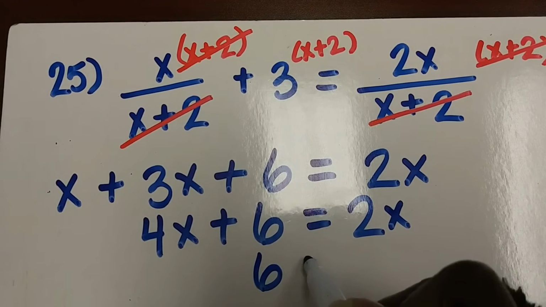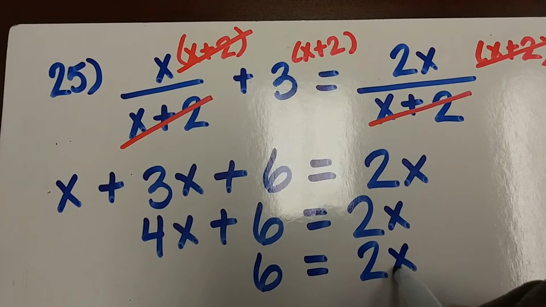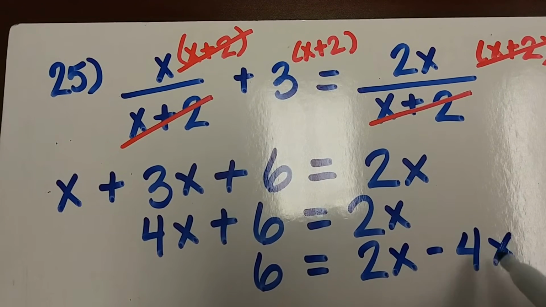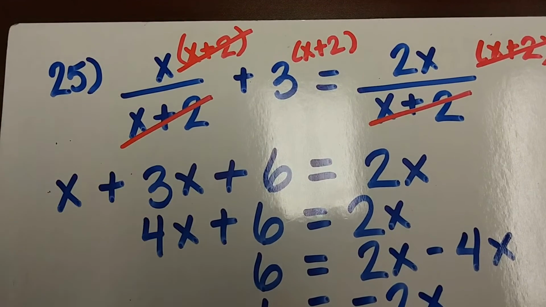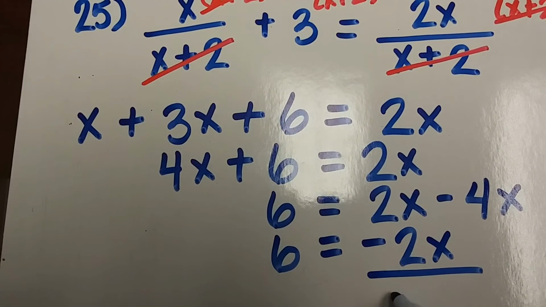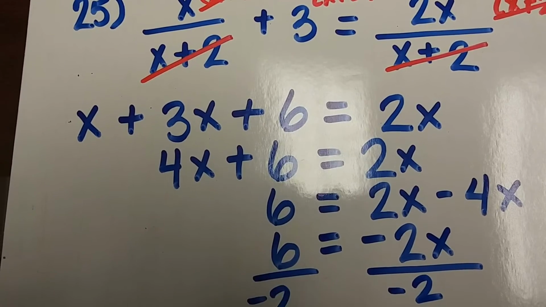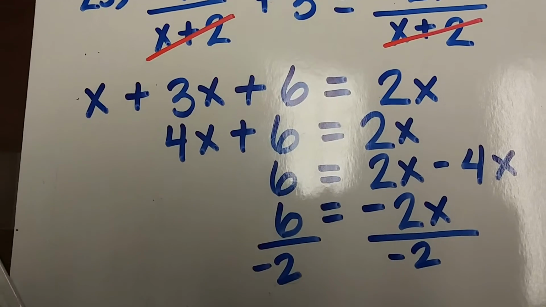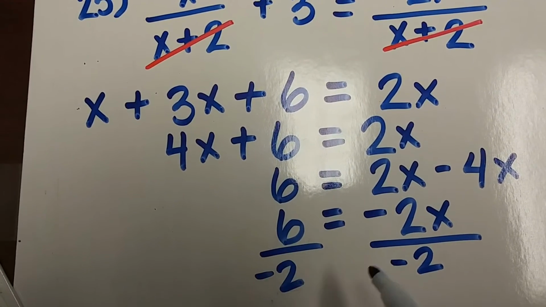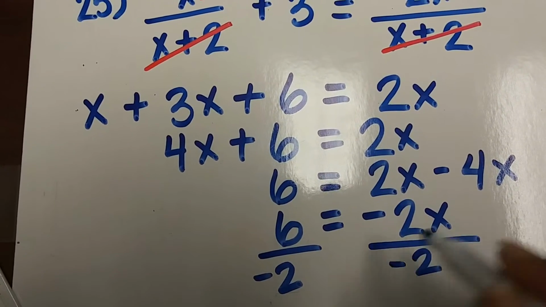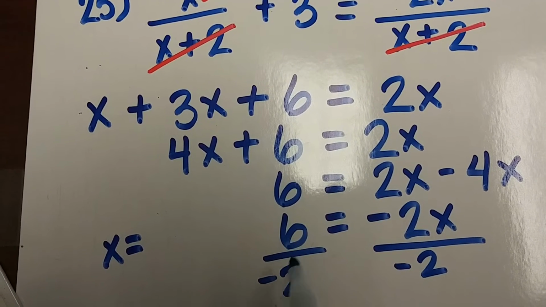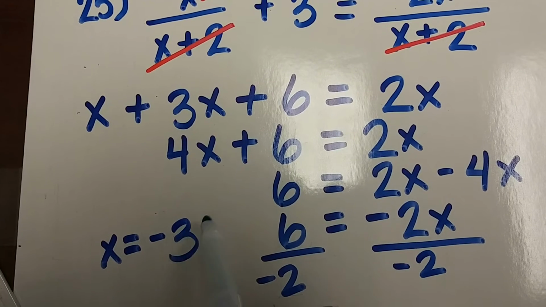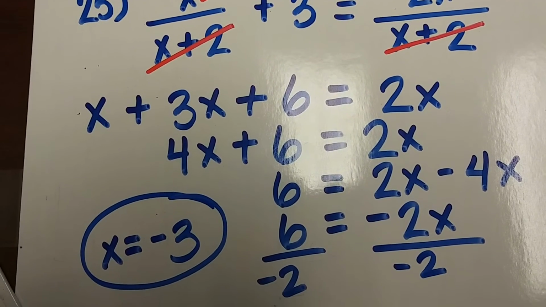So I have 6 equals 2x minus 4x. So 6 equals negative 2x. Divide both sides by negative 2. My answer is going to be x equals, negative 2 goes into 6 negative 3 times. So my answer is x equals negative 3.